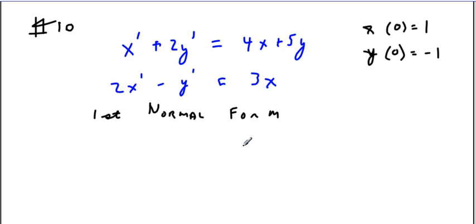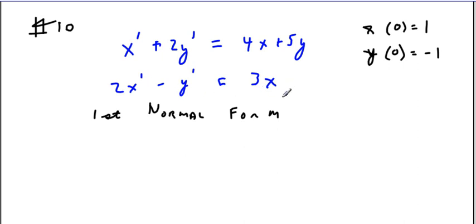Okay, so that's what we're going to try to do. If I multiply the bottom guy by 2 and add it to the top guy, I'm going to have 3x prime is equal to something.